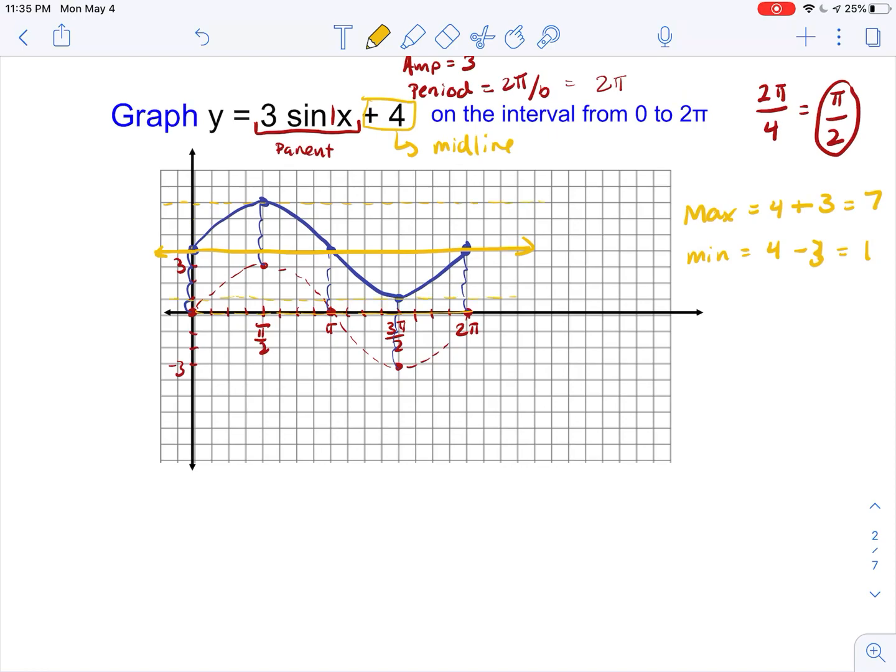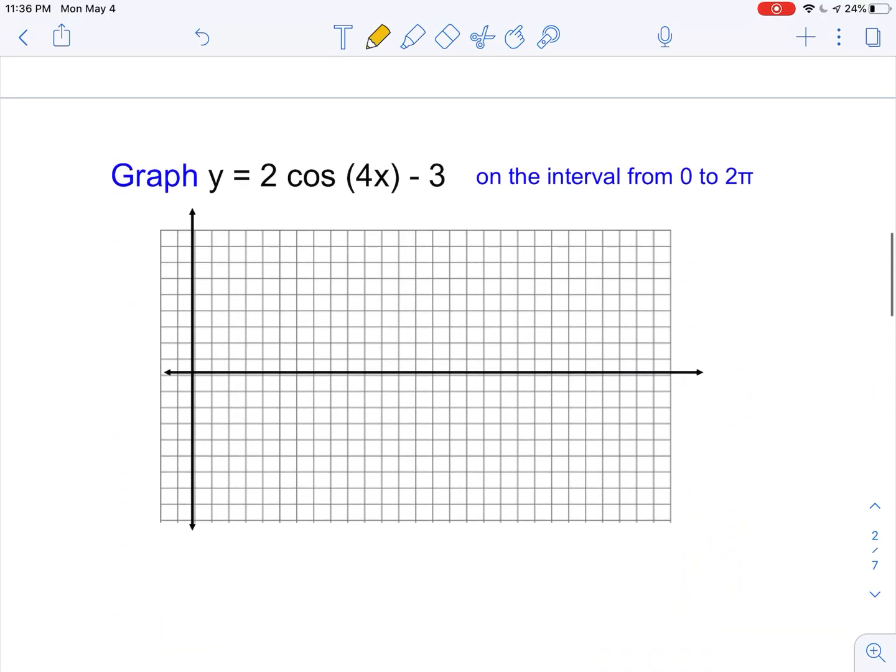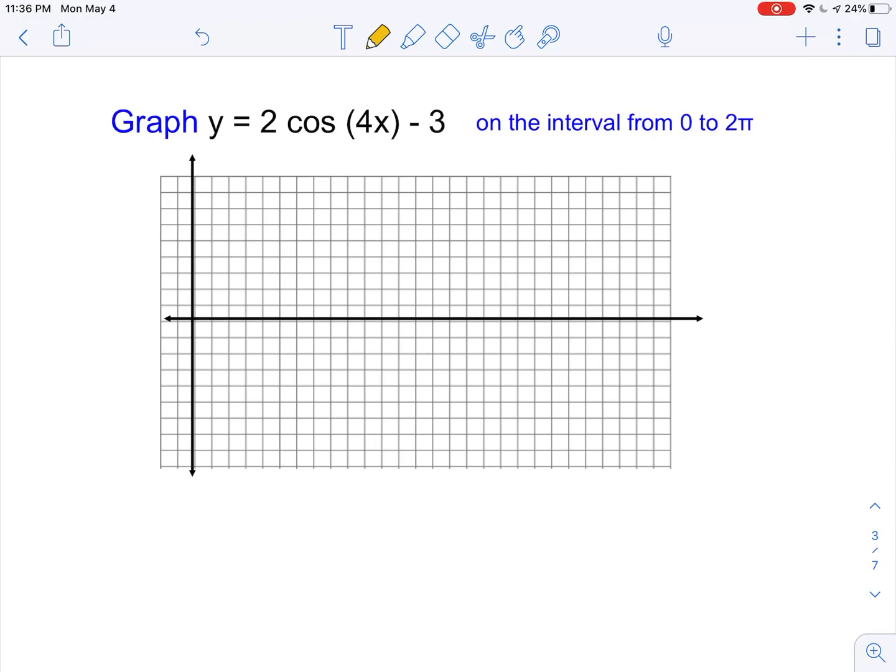And if we take a look, 4, 5, 6, 7, that's exactly where my graph falls in between. So if you wanted to graph this without shifting the whole thing, typically I would graph the midline, the maximum, and the minimum, and continue following our pattern. So let's try that for the next one.